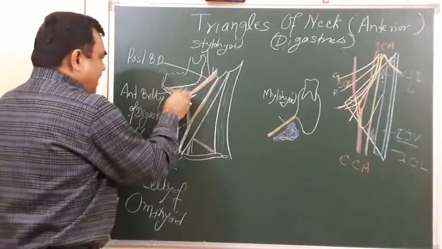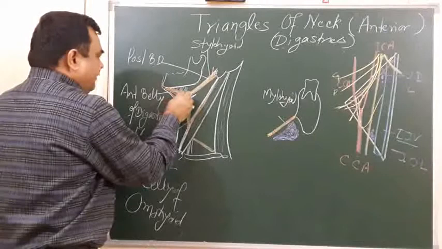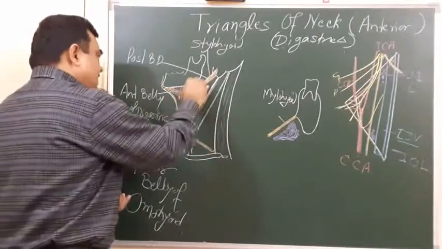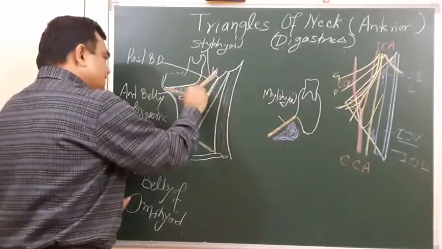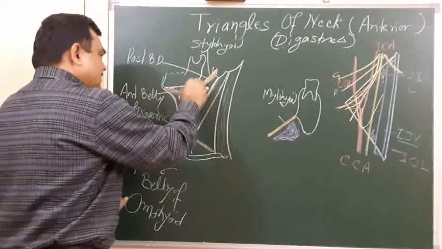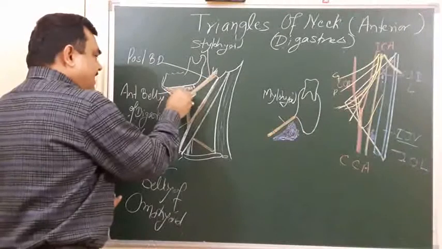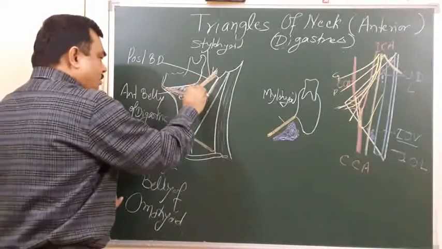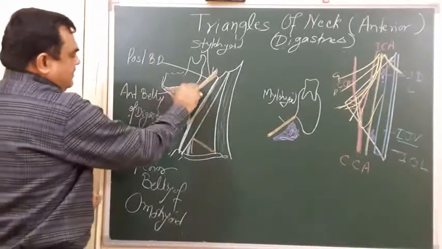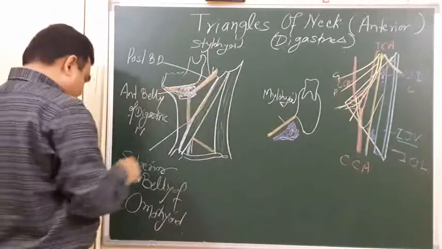This is the mylohyoid muscle, which forms the floor, and posteriorly another muscle, the hyoglossus. So the anterior mylohyoid and posterior hyoglossus form the floor of this triangle. This is the hyoglossus.